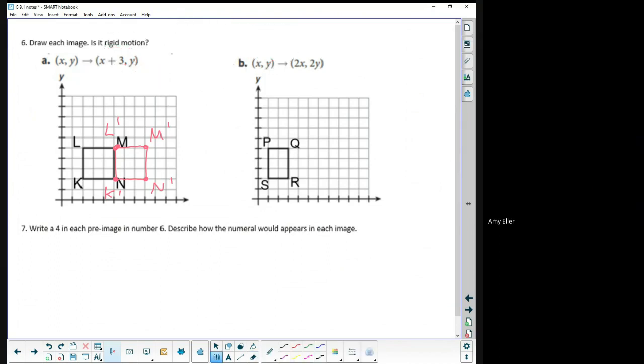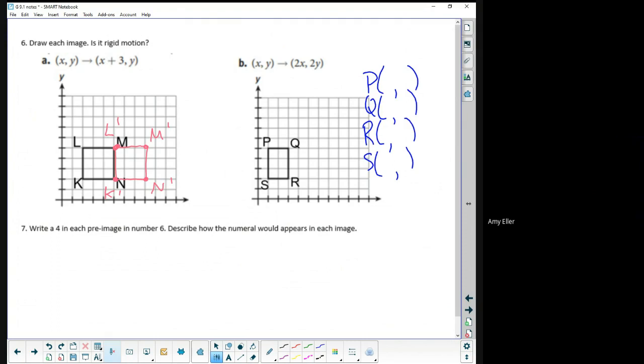Let's look at part B. We are not adding, we are multiplying. So I'm going to require us to write out all the points. Please write out the coordinates for P, Q, R, and S. Do it on your own.